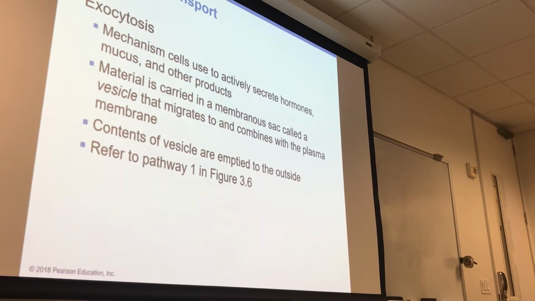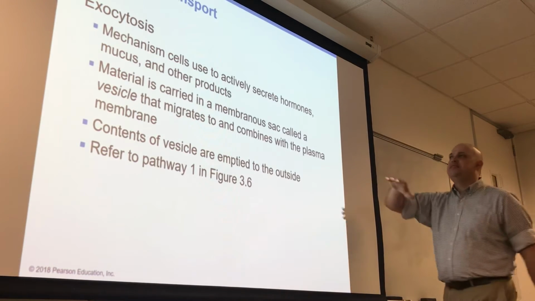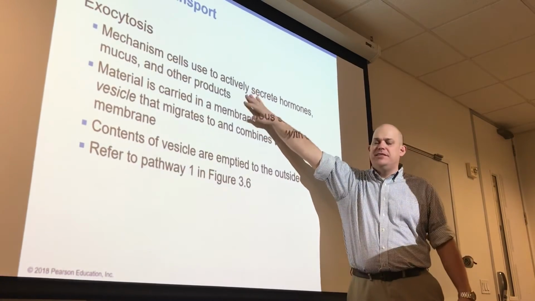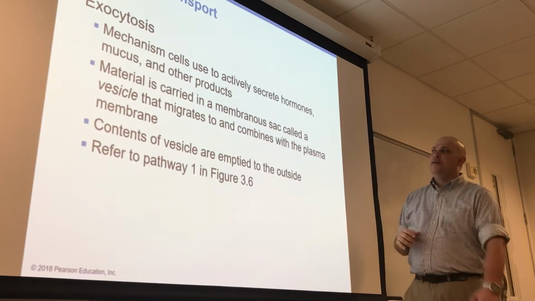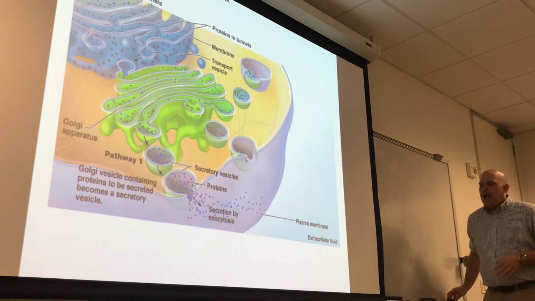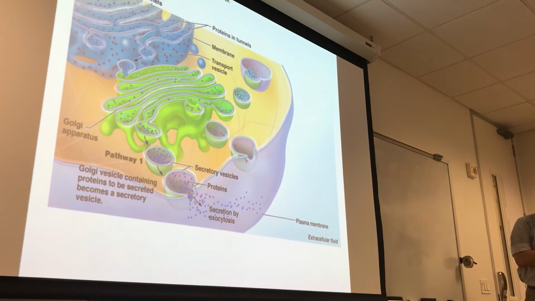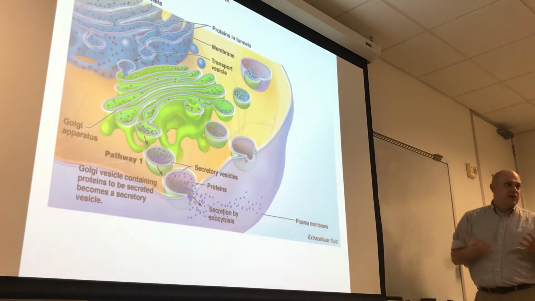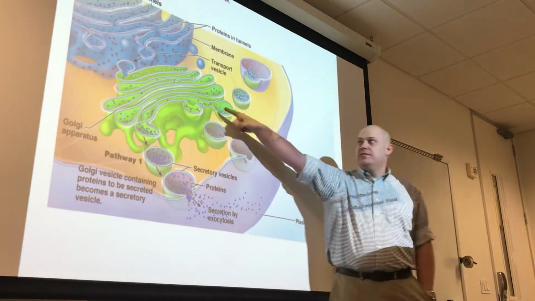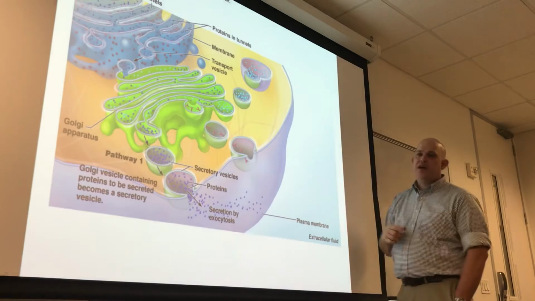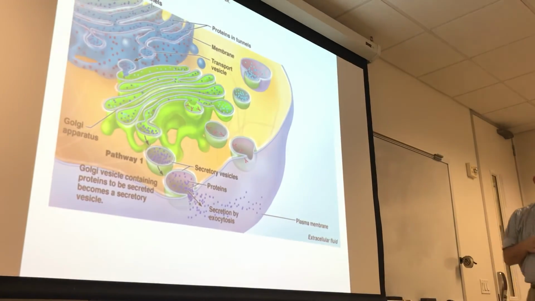So, to look at exocytosis, we are now doing a process where we are moving material outside of the cell. Some cell is going to secrete some material out of the cell. And the organelle that generally does this for us is that organelle which we said was the train tracks of the cell, otherwise known as the Golgi complex or the Golgi apparatus.